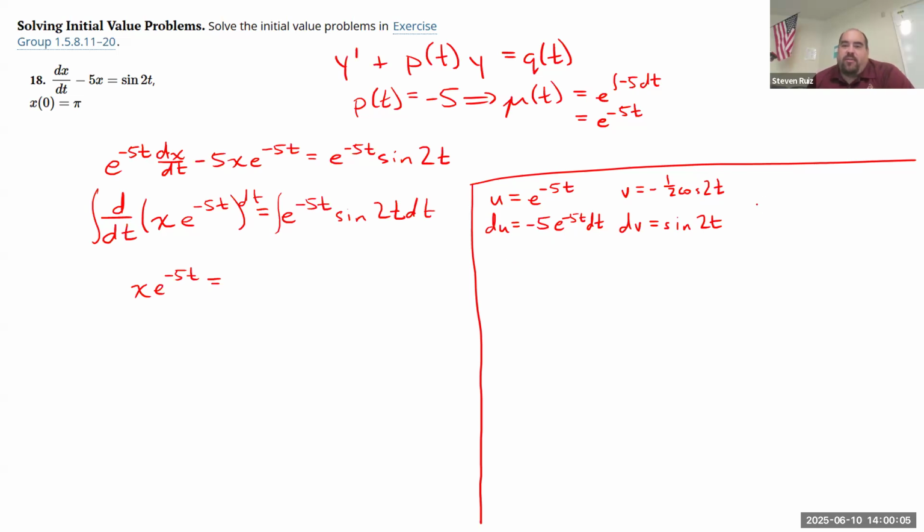So how does integration by parts work? The integral of u dv is equal to uv minus the integral of v du. So for us, uv is -1/2 cosine 2t e to the -5t, minus the integral of v du.